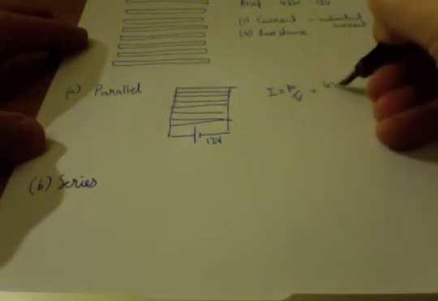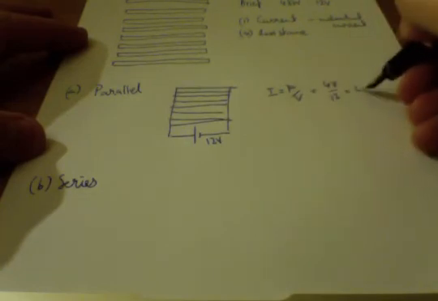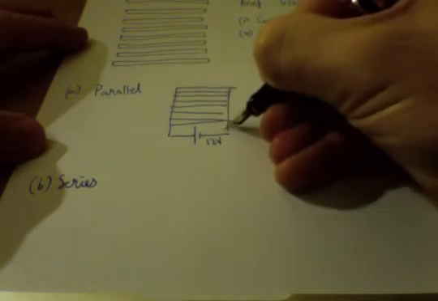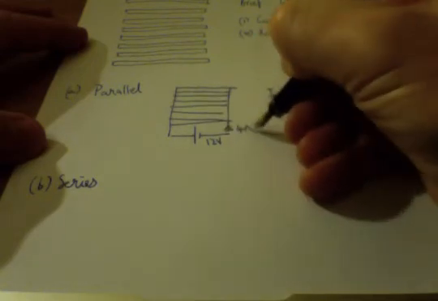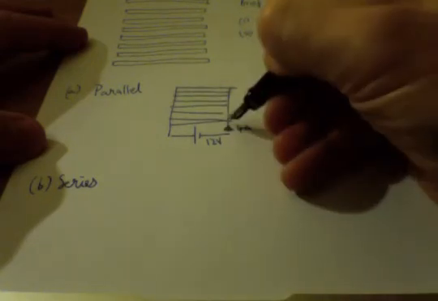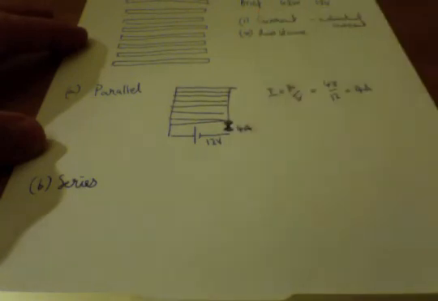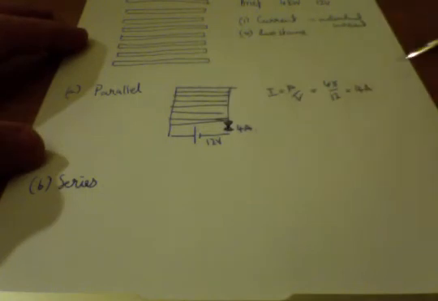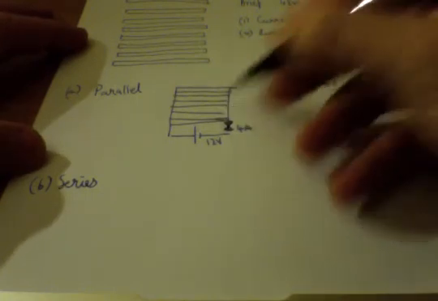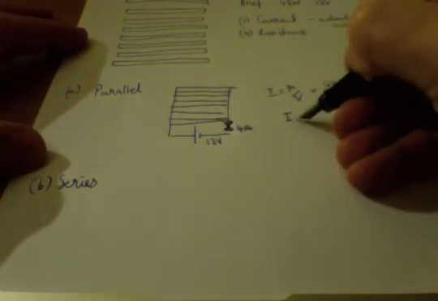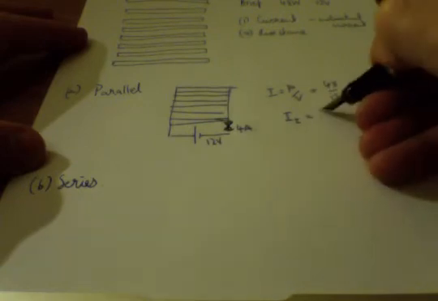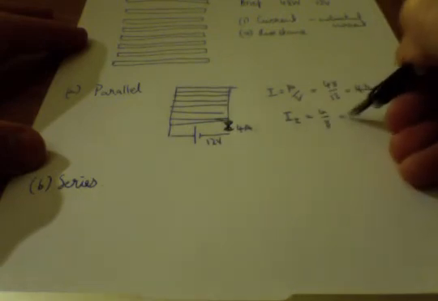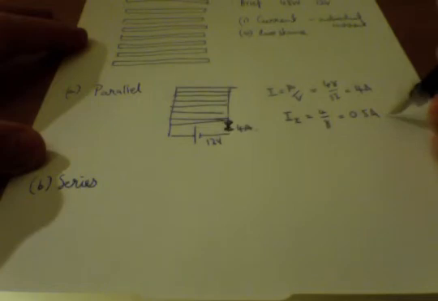So therefore 48 over 12 gives us our 4 amps that will be flowing in and out of the battery. I've drawn that the wrong way around. Draw it that way. Now of course I've got 8 branches going on here. So therefore if 4 amps totally, that means each branch, individual let's say, is going to contribute an eighth of it, which is 0.5 amps.